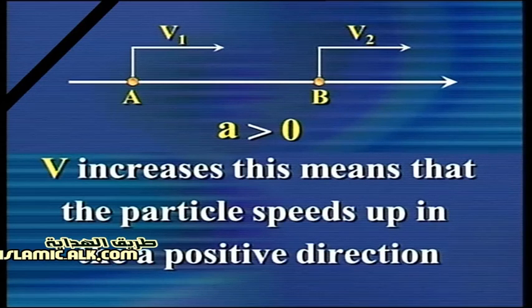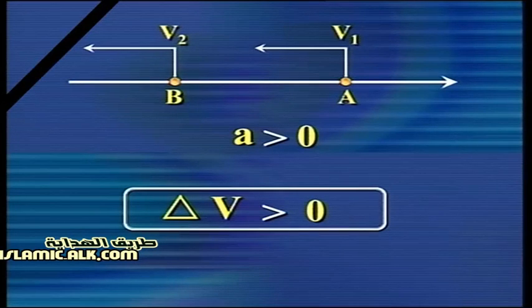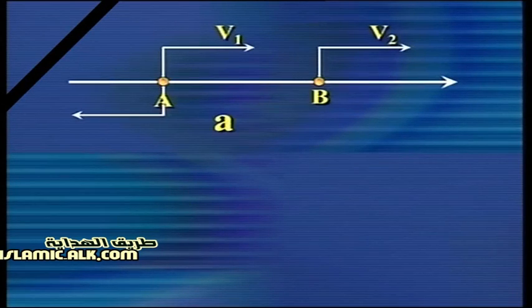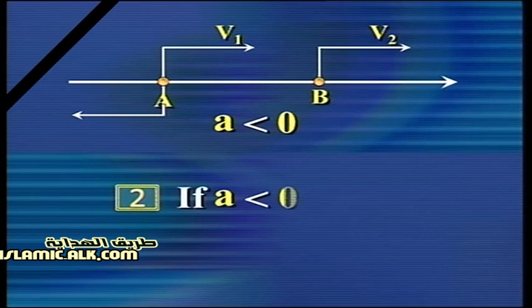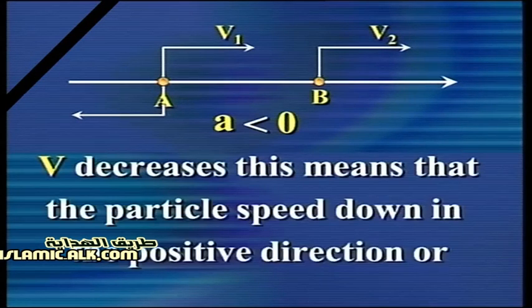This means that the particle speeds up in the positive direction. In the second case, look at A smaller than 0: v decreases. This means the particle speeds down in the positive direction.